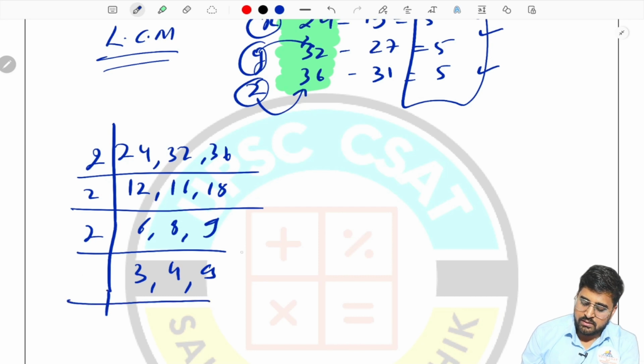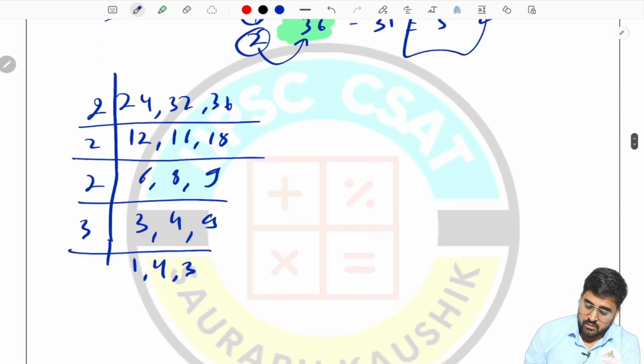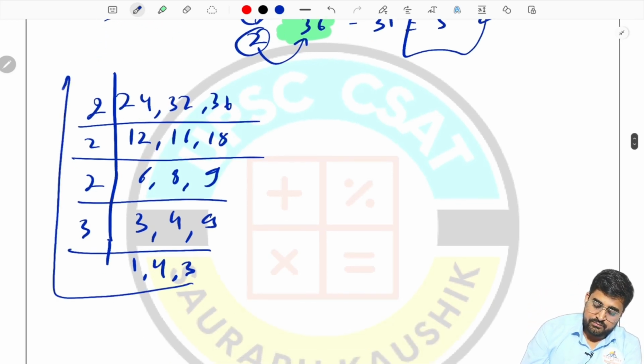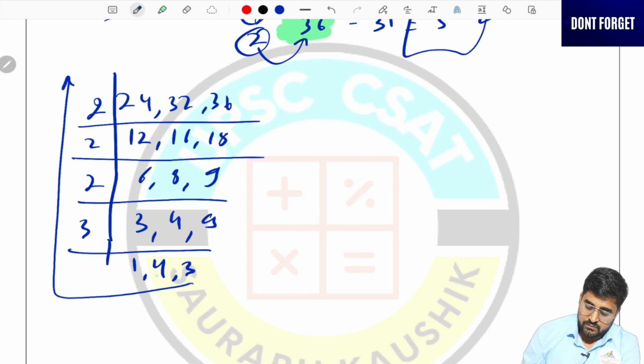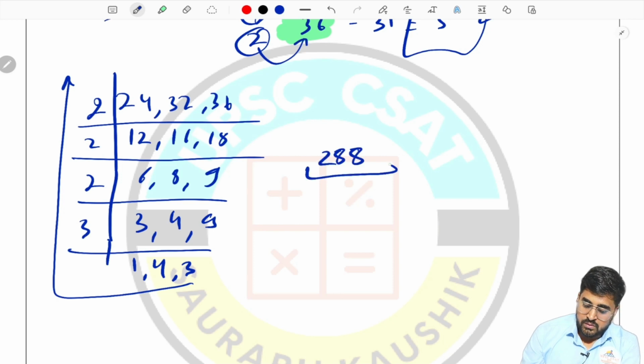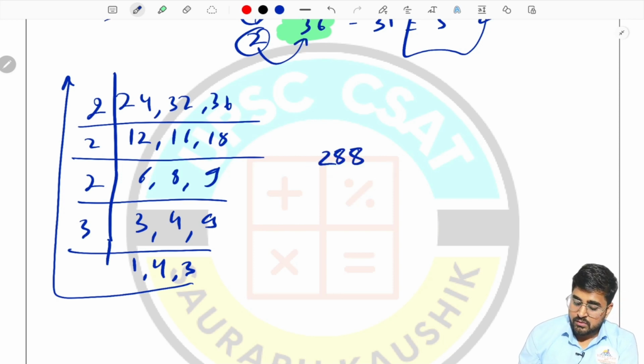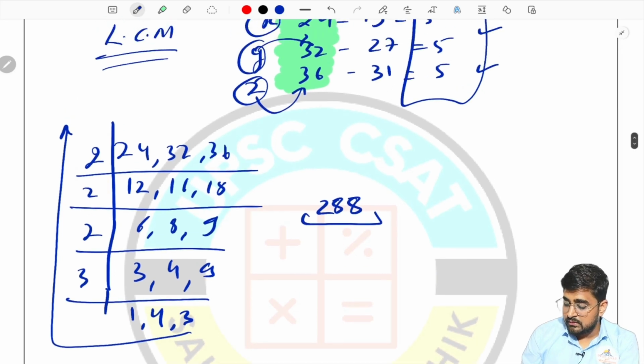Then again 1, 4, 3. Now calculate them, multiply them. 288.